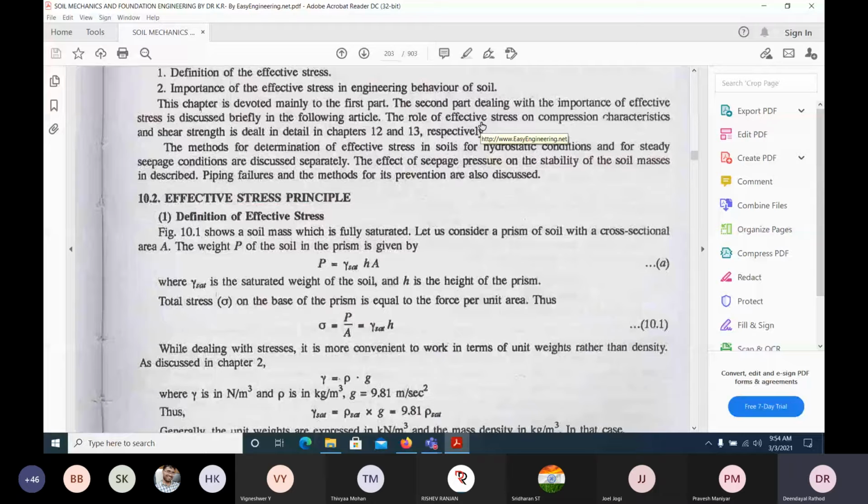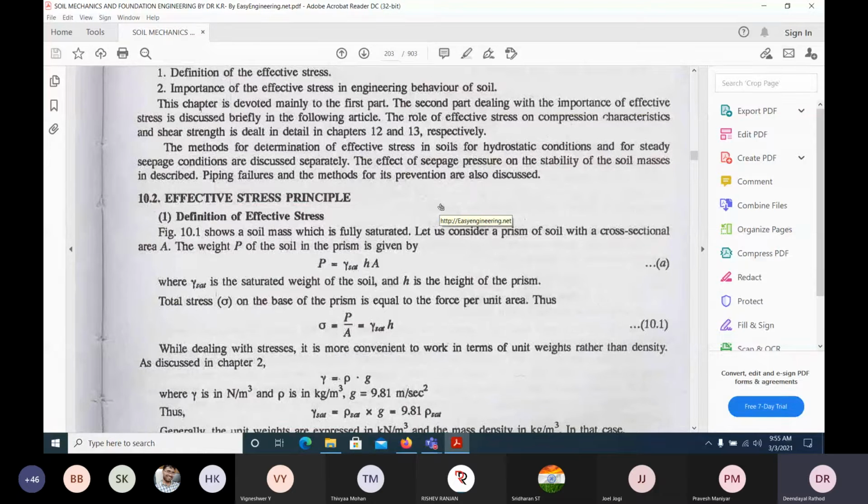The gamma can be sat or dry, whatever it may be. Is it clear? That is called the total stress on the base of the prism or at a particular depth below the soil. Once you know the height, and once you know the gamma of the particular soil, where exactly we want, we can find out the total stress.